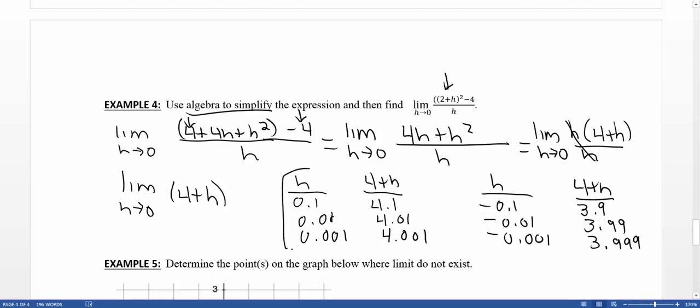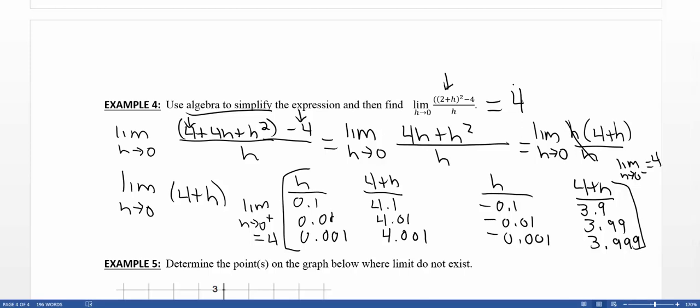So now I have that the limit as h approaches 0 from the right is 4, and the limit as h approaches 0 from the left is 4. So therefore, the limit of the whole thing is going to equal 4.